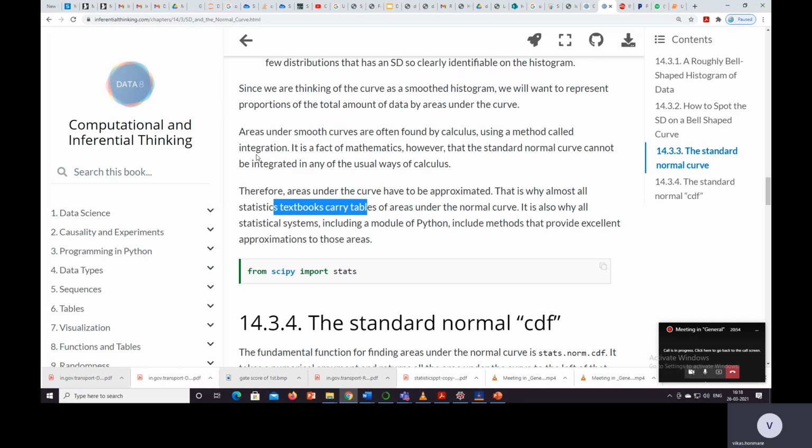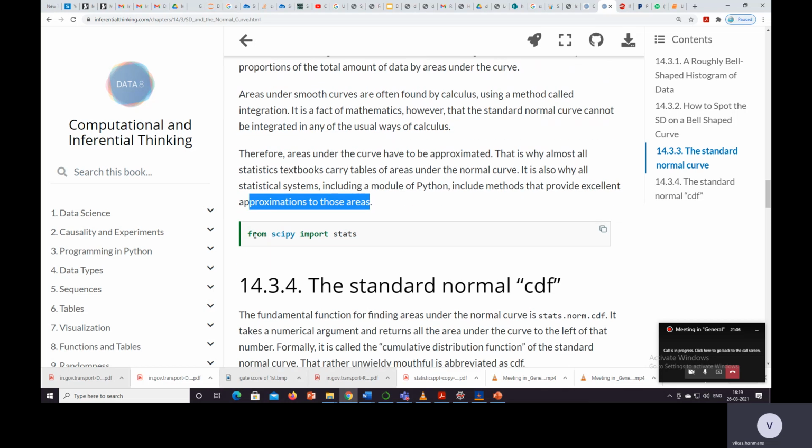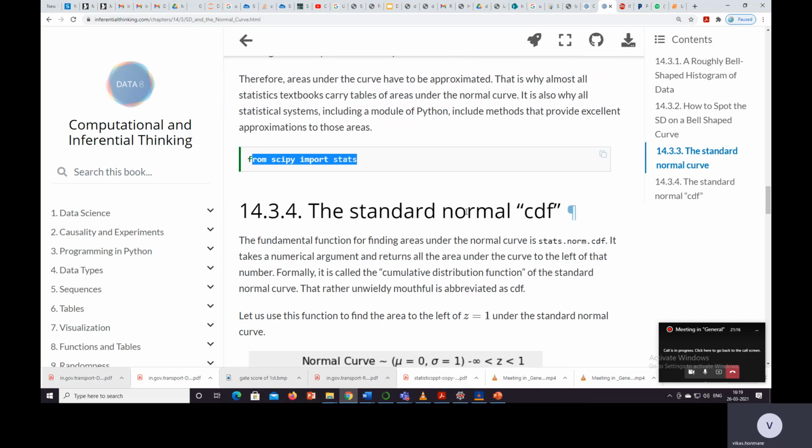Okay, it is also why all statistical systems, including Python, include methods that provide excellent approximation to those areas. So there is a method in Python, which is from SciPy import stats, okay, which will provide us the area under the curve. Okay. The standard normal CDF.